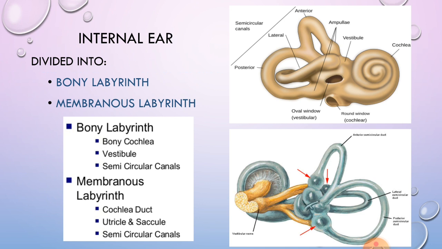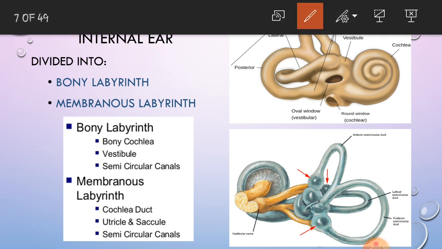In the above diagram, you can see that the bony labyrinth is divided into a bony cochlea. This is the cochlea, this central cavity is the vestibule, and these three are the semicircular canals.